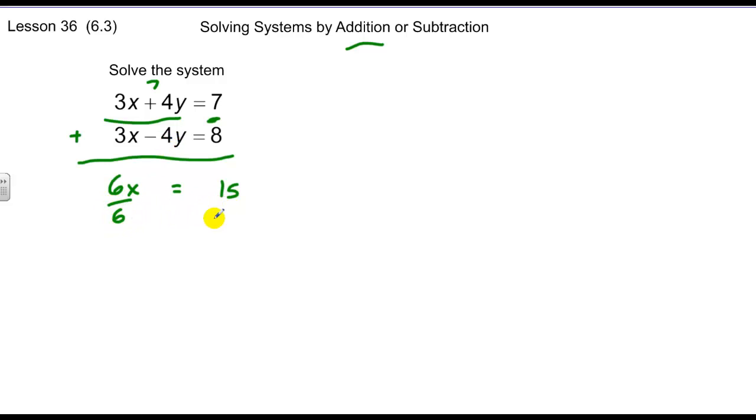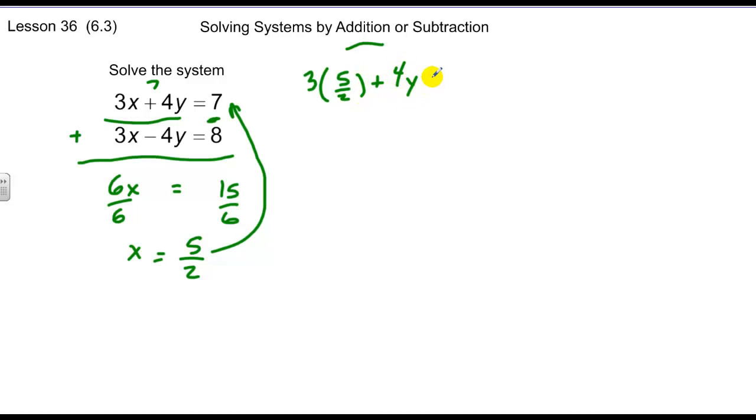Therefore, if I divide by 6 on both sides, I get x equals, 3 goes into each of these, 5 times on the top, 2 times on the bottom, and I get x equals 5 halves. If I want to find y, I have to plug this back into either of the two equations, and it doesn't matter which one. I'll do the top, so I get 3 times 5 halves plus 4y is equal to 7. It's 15 over 2 plus 4y equals 7.